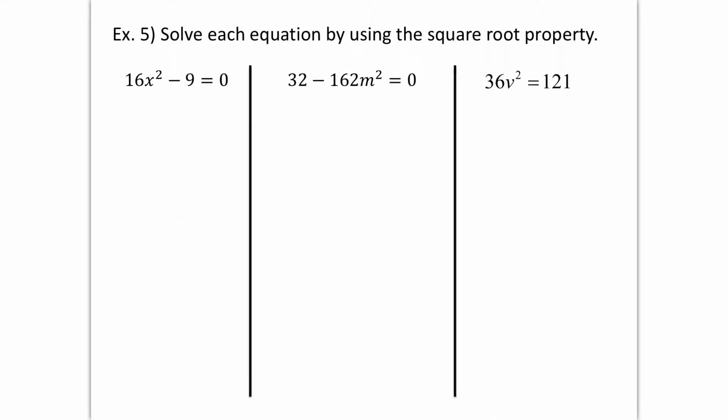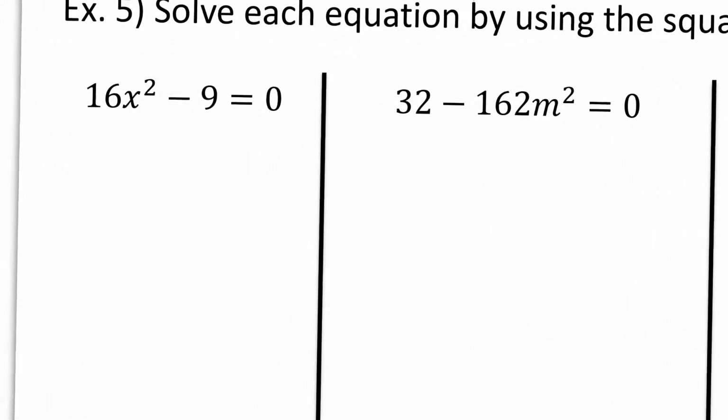All right, so let's go ahead and start solving for the variable when you have to use the square root property. Now here we have different equations. 16x squared minus 9 equals 0. And you have the second one and the third one. Well, let me explain how you know when to use the square root property.